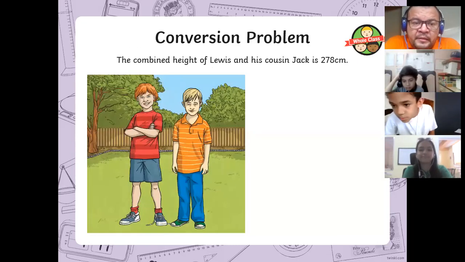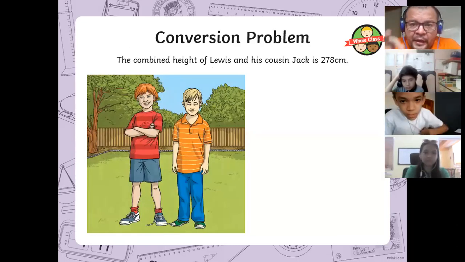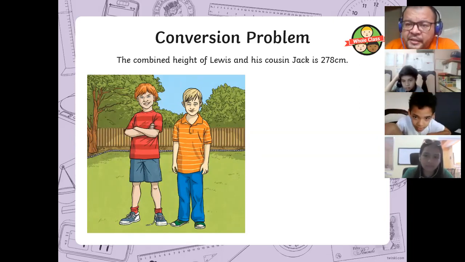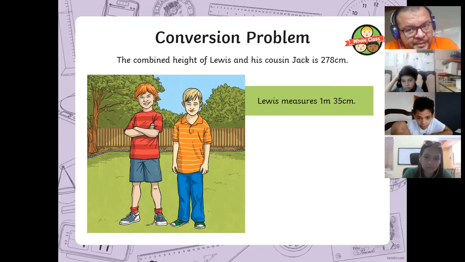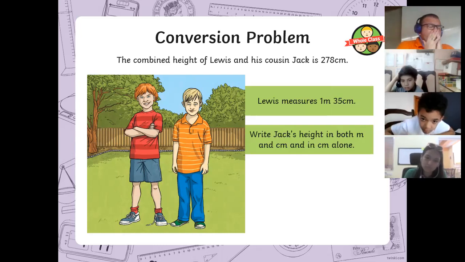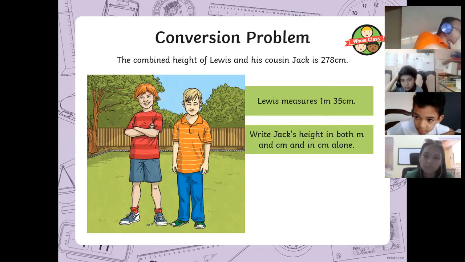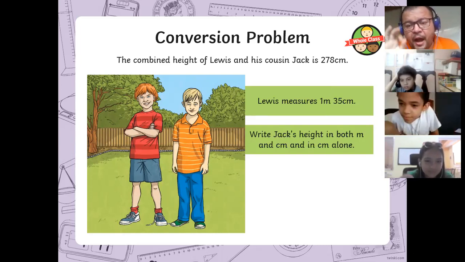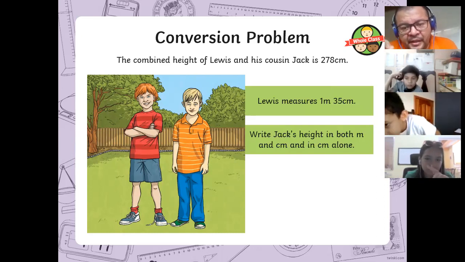The combined length of Louis and his cousin Jack is 288 centimeters. Louis measured 135 centimeters. Write Jack's height in both meters and centimeters.